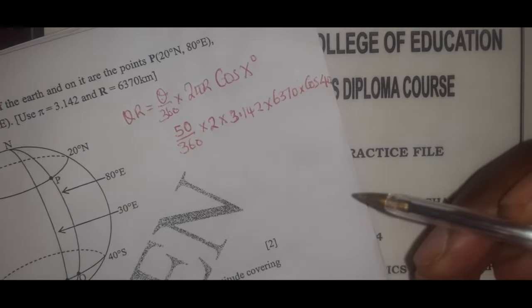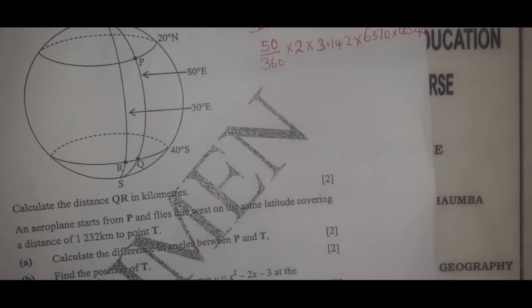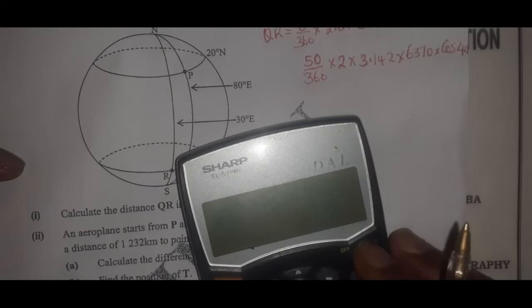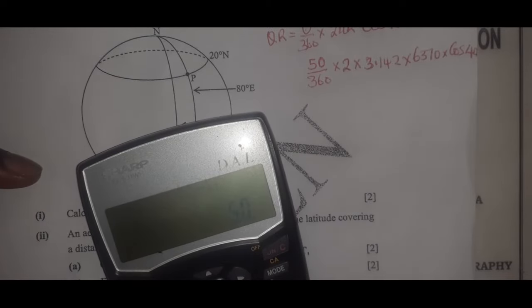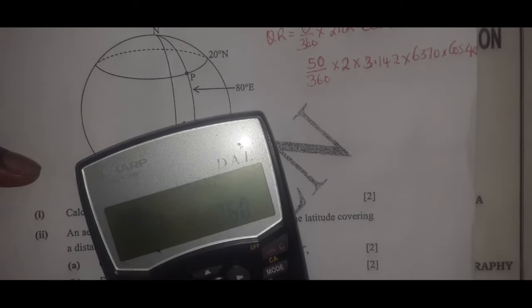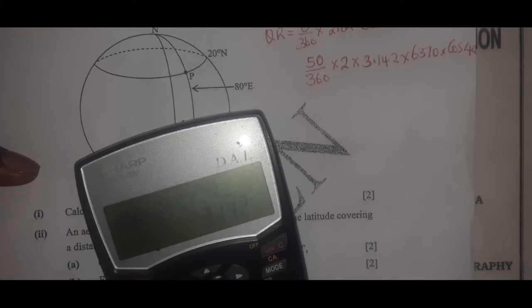Then we ask our calculator for the answer: 50 divided by 360 multiplied by 2 multiplied by 3.142 multiplied by 6370 multiplied by cos 40.